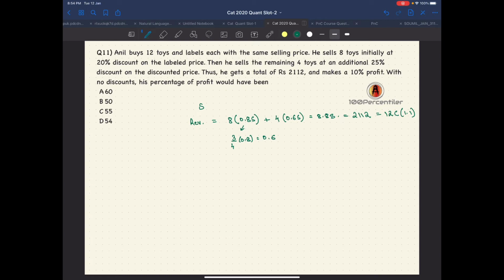So with no discounts, his percentage of profit would have been, so we'll simply find the values of S and C from here.